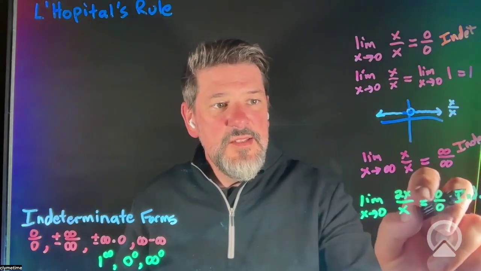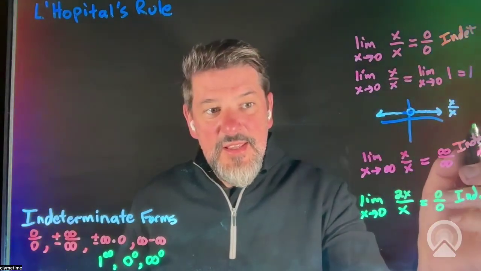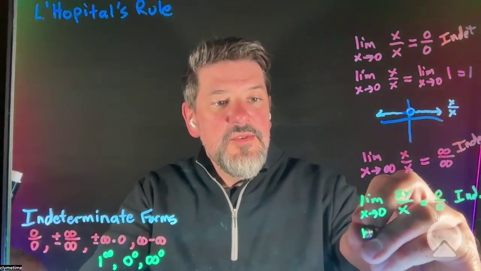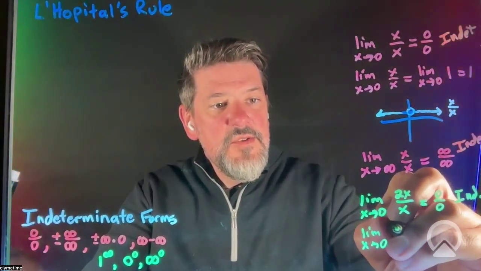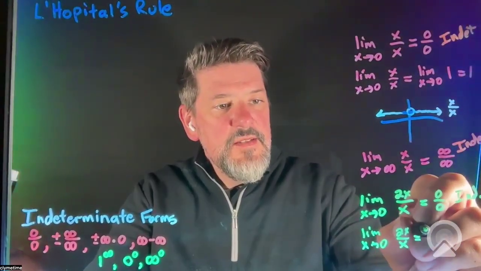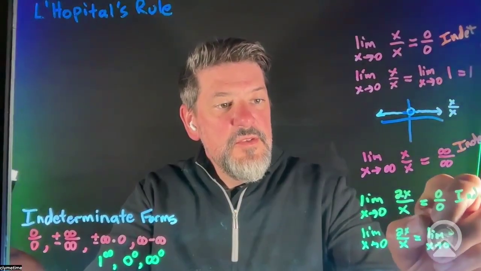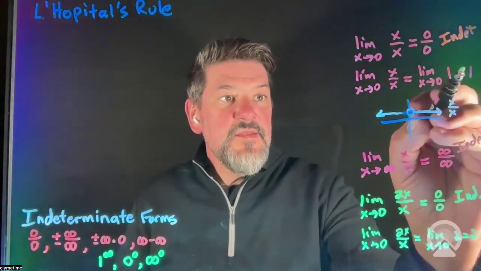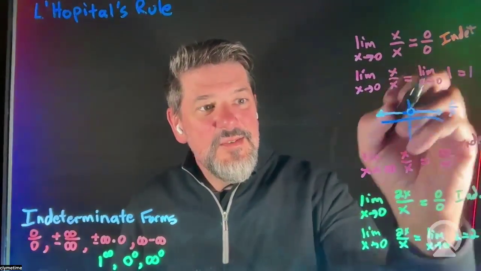However, the limits don't come out to be the same thing. The limit as x approaches 0 of 2x over x is going to equal the limit as x approaches 0 of 2, which is equal to 2. So in this case, it's 2. In the other case, it's 1. So they come out to two different things, but when I plug in initially, I get indeterminate.